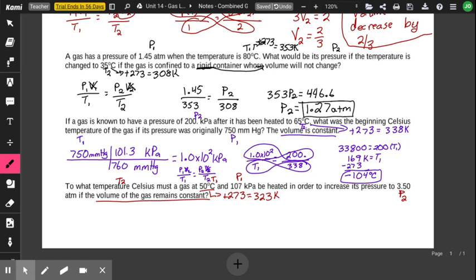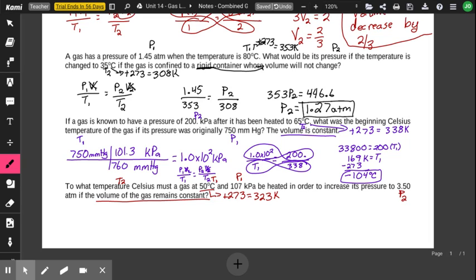Now, again, let's look at our pressures. We have pressure 1, which is in kPa, and pressure 2, which is in atmospheres. I like to convert to the smaller unit, and the smaller unit here would be atmospheres.